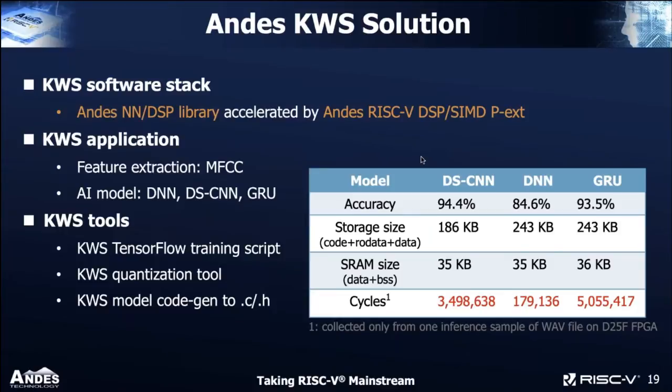DNN is very low overhead, so about 180,000 cycles. And the GRU model takes about 5 million cycles, with training and quantization tools. So it is very efficient in terms of performance, and it's high performance, so it could reduce times.